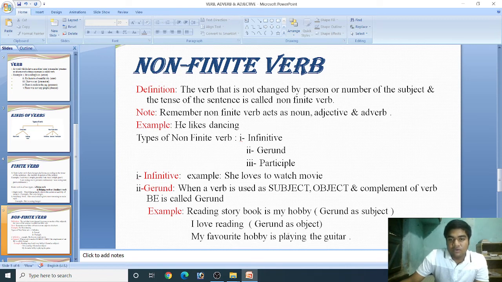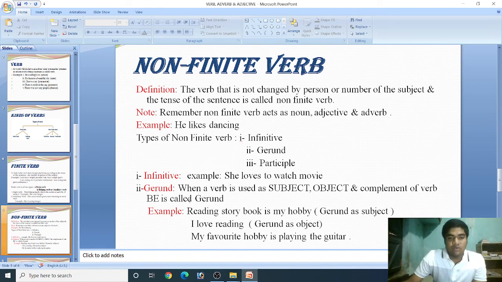Is is the be verb; the present forms of be verb are am, is, are. So when there is a be verb before a non-finite verb, it acts as gerund, as a complement of be verb.